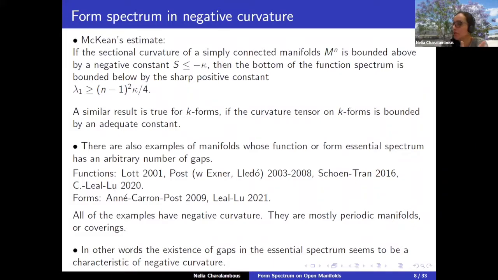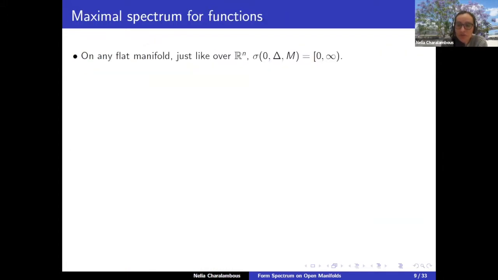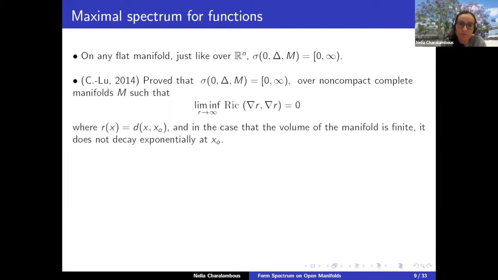There are no known examples of manifolds that are asymptotically flat, for example, that have gaps in their essential spectrum. For functions, there are large classes of manifolds which have maximal spectrum, which has spectrum 0 to infinity. It's well known that if we have any flat manifold like Euclidean space, the spectrum on functions is maximal.